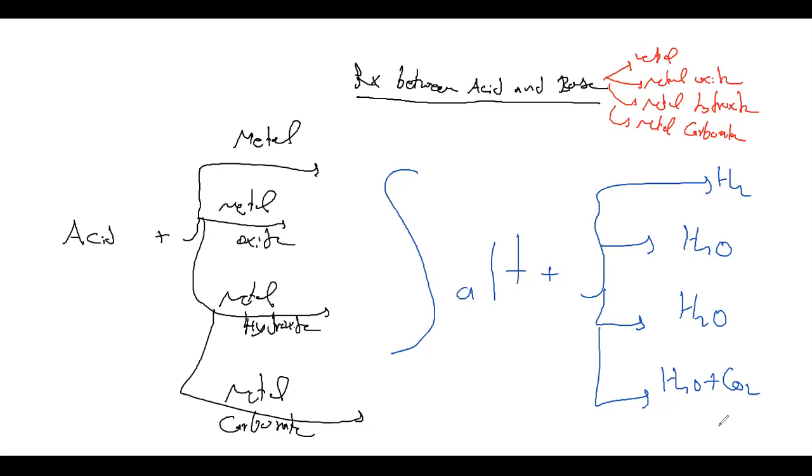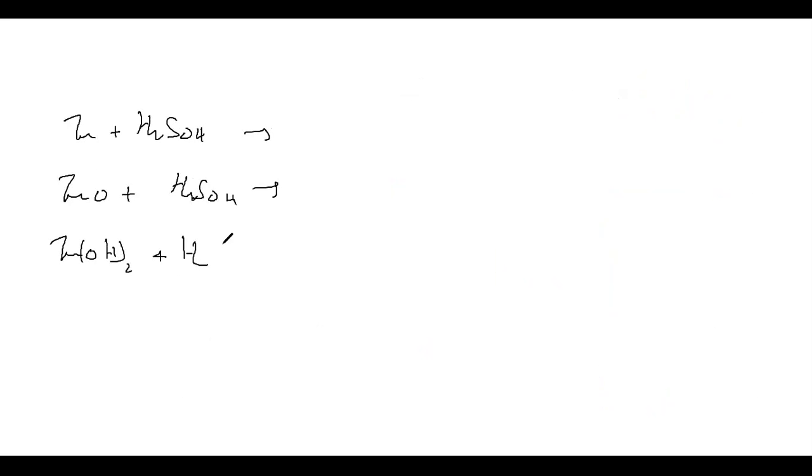For example, if you have the reaction between zinc and sulfuric acid, or zinc oxide plus sulfuric acid, or zinc hydroxide plus sulfuric acid, or zinc carbonate plus sulfuric acid, you will find that all of them will produce zinc sulfate at the beginning.